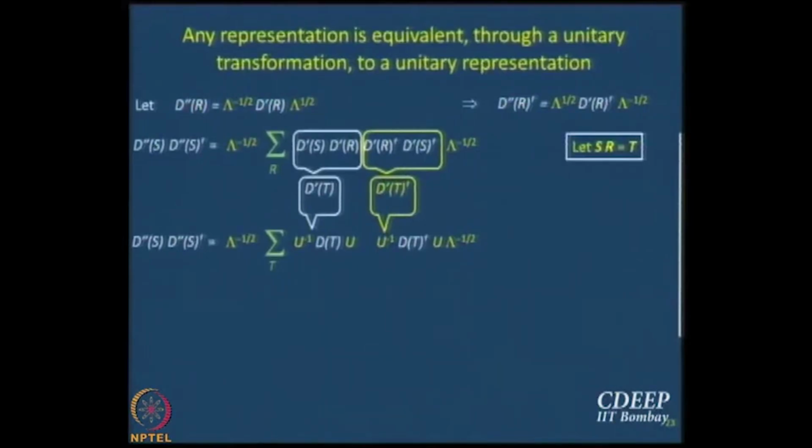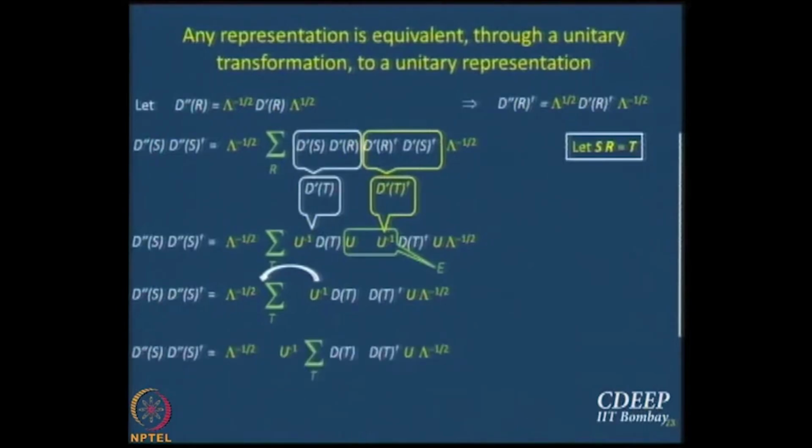Earlier we had put in U inverse. Now we can eliminate it, and this is what you get. What do I do next? I can bring U inverse out, so I am going in a reverse direction now. So this is what I have.